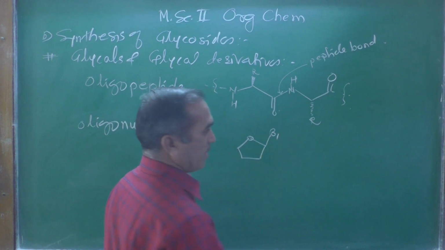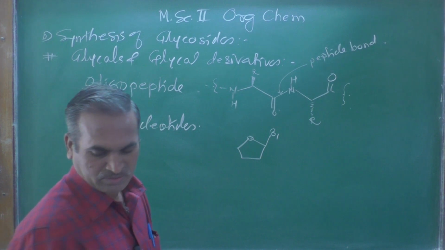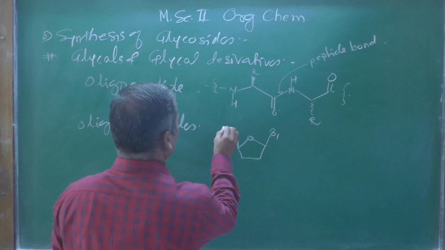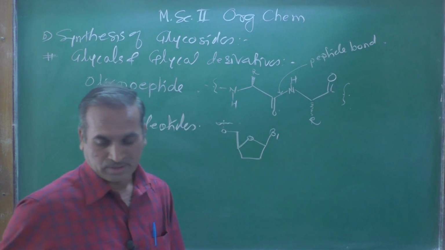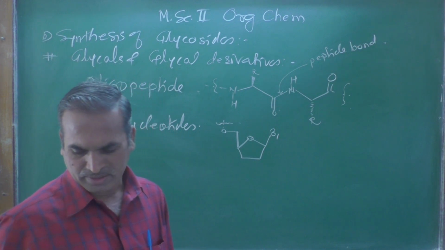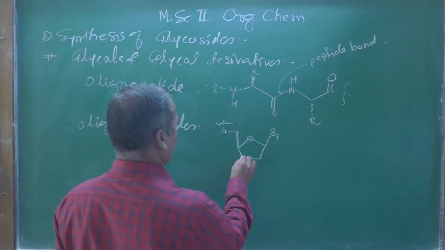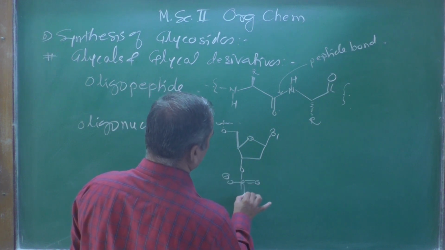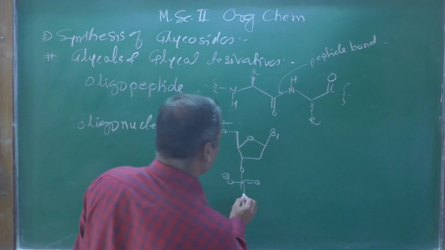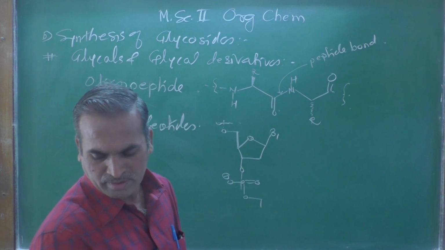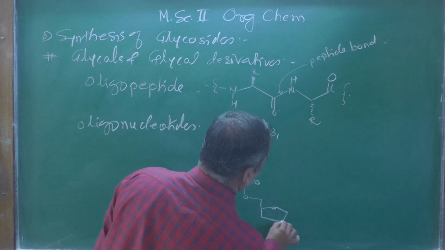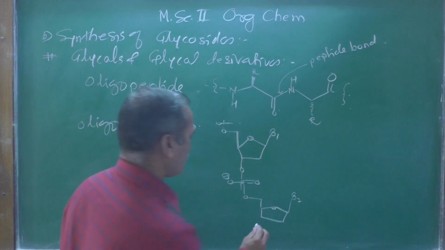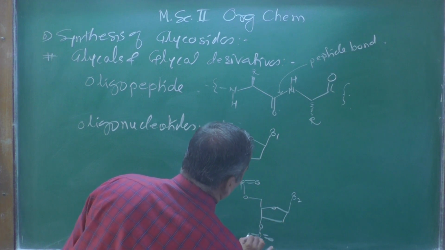I am showing B1 as a base over here, and here I have shown this oxygen atom, and then further it is attached to another nucleoside. So this is the oxygen atom, and then there will be phosphorus with O minus, then once again O, then we can show another nucleoside, with B2 shown over here, then O, then P double bond O minus.